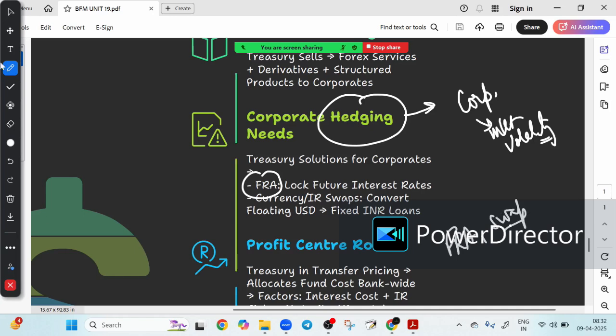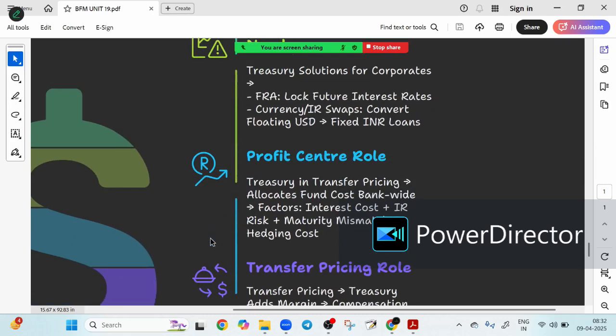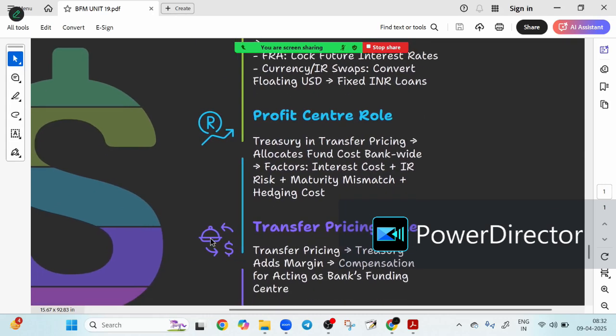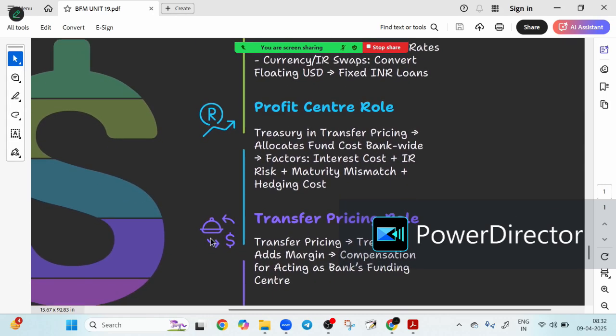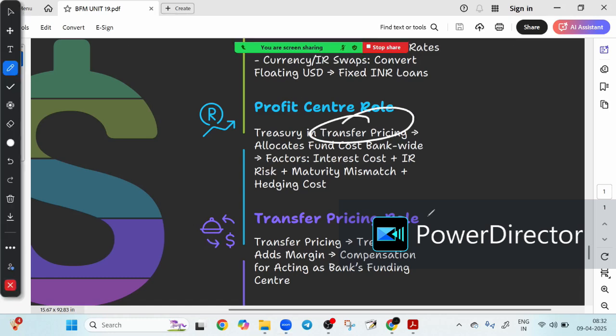Then we have the profit center role. What is the meaning of profit center role? Don't forget, Treasury is also a profit center. Through transfer pricing, it assigns costs to the business units based on factors like interest rate risk, maturity mismatch, and hedging cost.